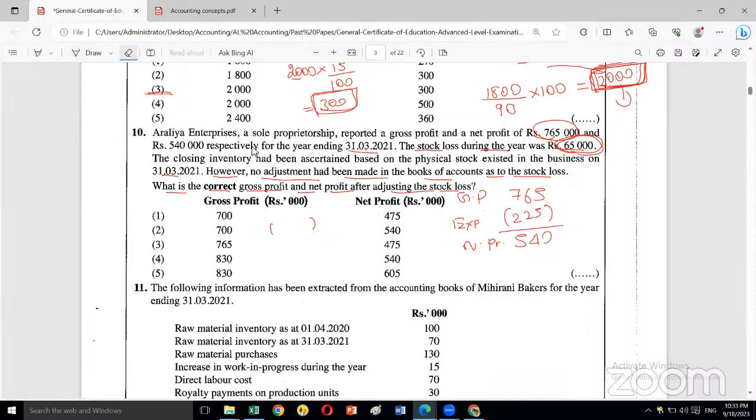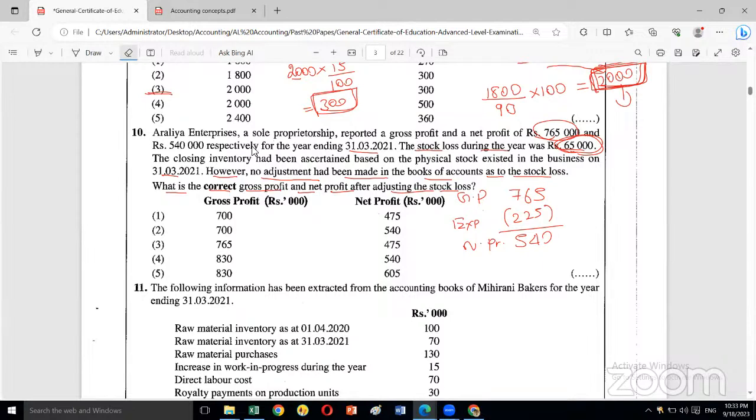Think like this. If I minus something, cost of sale will reduce. If the cost of sale is reducing, gross profit will increase. See this one again.